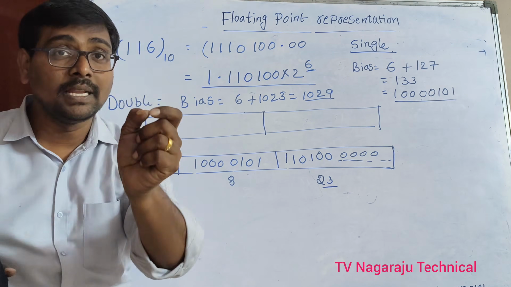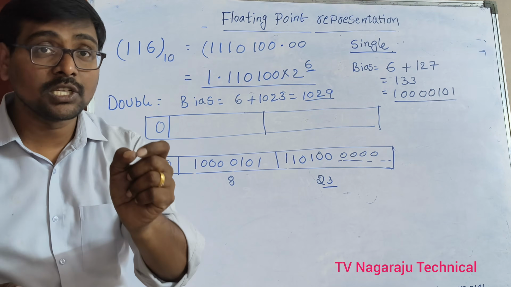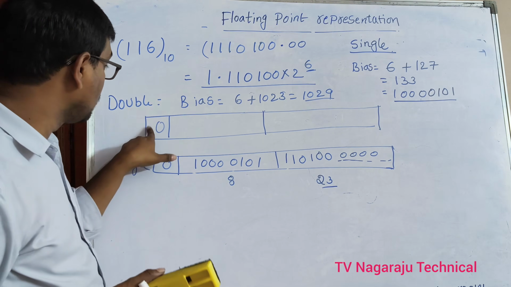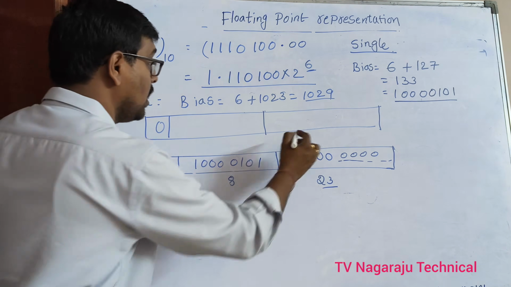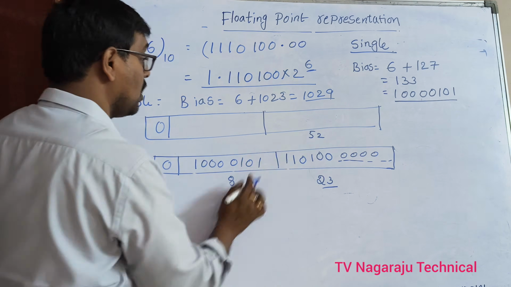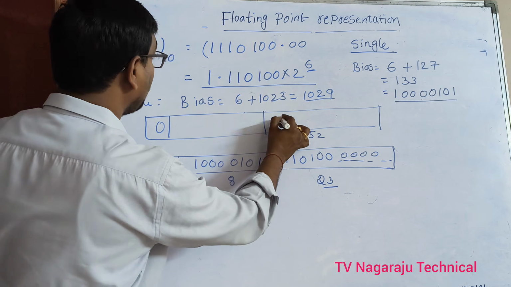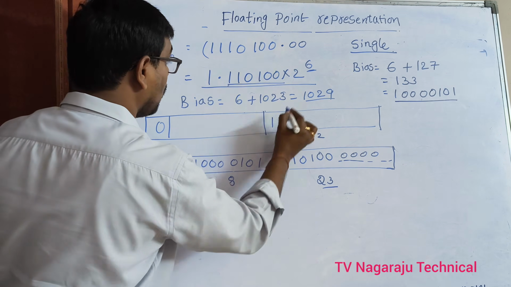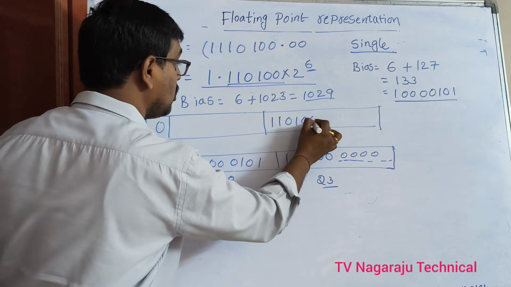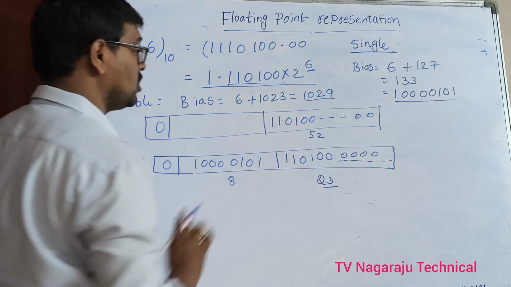The total number of bits is 64. Among the 64, 1 bit is used for the sign, 11 for the exponent, and 52 bits for the mantissa. What are the 52 bits? 110100 and the remaining are all zeros.